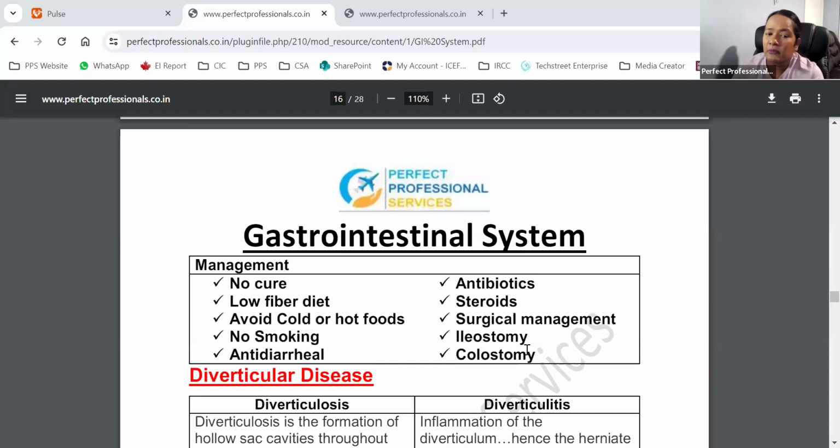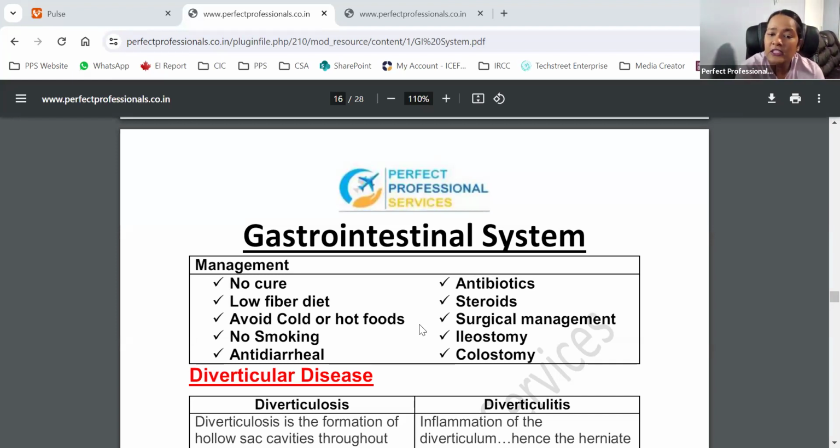Now, what will be the management for both? There is no cure. Okay, there is no cure for colitis or for Crohn's disease. We have to give a low fiber diet, avoid cold and hot food, no smoking. We have to give antidiarrheals, antibiotics, steroids, and surgical management.